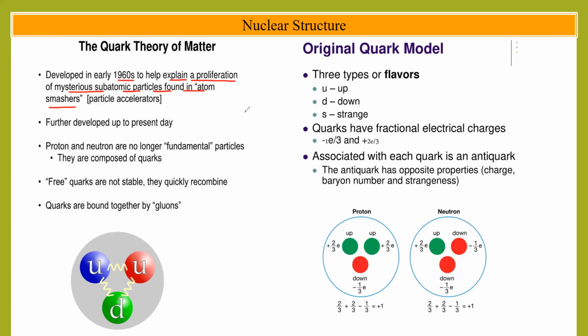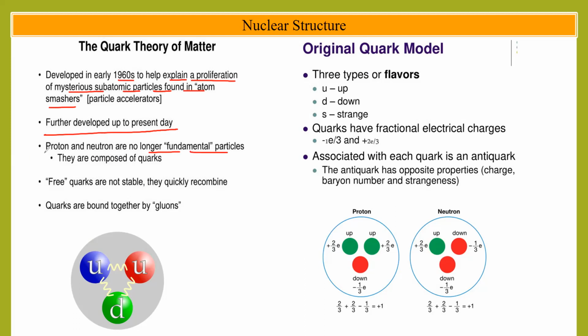Whatever we consider, nucleons are proton and neutron, but in early research it was also found that in the nucleus there are subatomic particles. So to explain subatomic particles, this theory was given. It has been further developed up to the present.